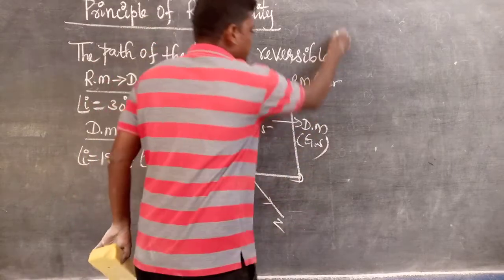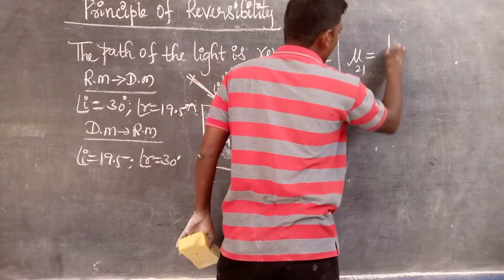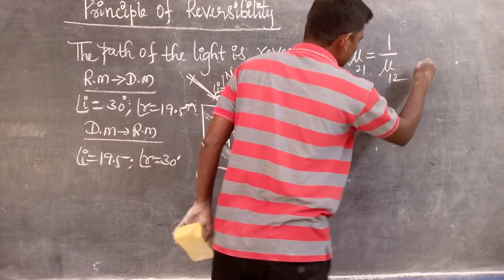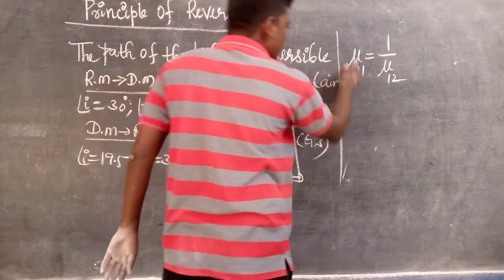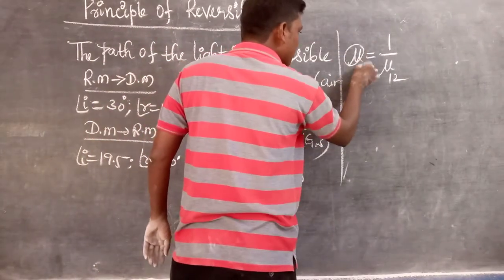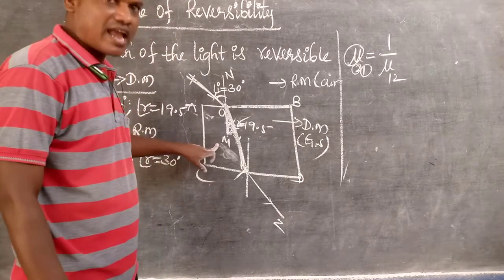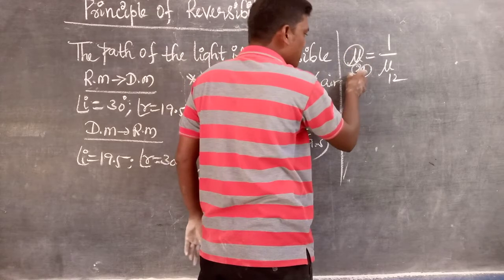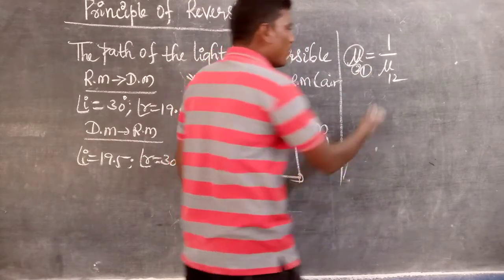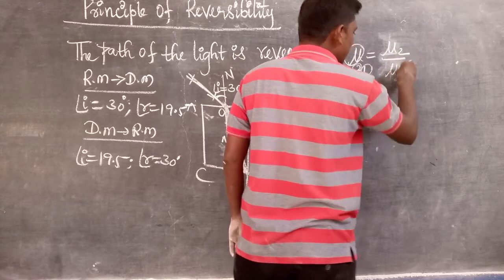Mu of 2,1 is equal to 1 by mu of 1,2. Is it correct? Already I showed it practically. Mu of 2,1 means the refractive index of the second medium with respect to the first medium. Which is the second medium? Glass. Which is the first medium? Air. So the refractive index of the second medium with respect to the first medium we can write as mu 2 upon mu 1.